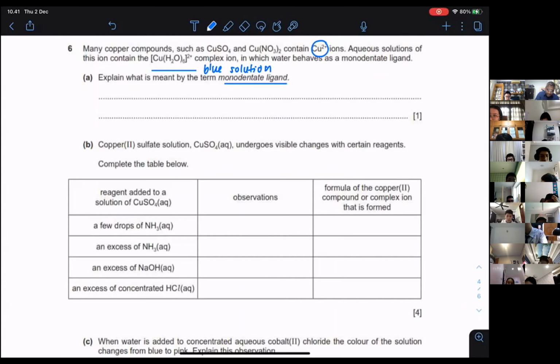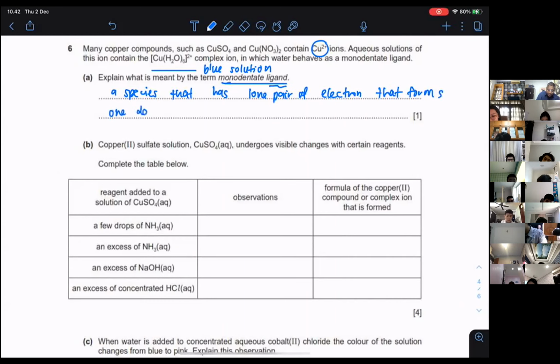Okay, so we start with ligand: a species that has a lone pair of electrons that forms, mono meaning one, dative bond with the central metal ion, in this case Cu2 plus.